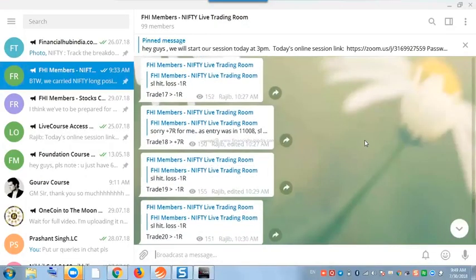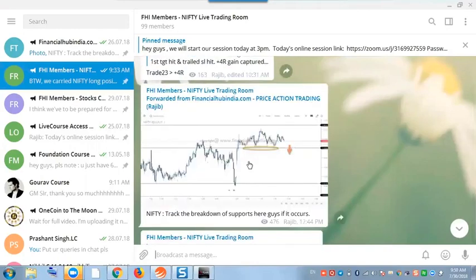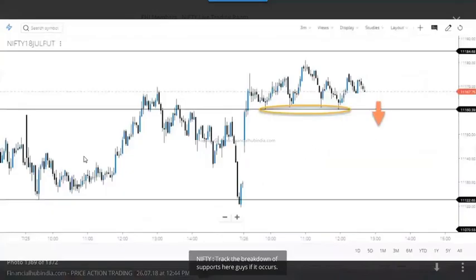Let's go to the next day. No, sorry, it was a trigger here. Next day, this is the same support we have been talking about, I guess. And this was the price coming back here, and an LOC buy entry could be initiated here. But again, we didn't.